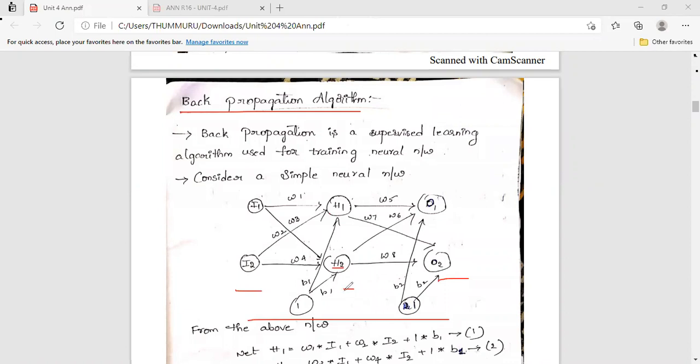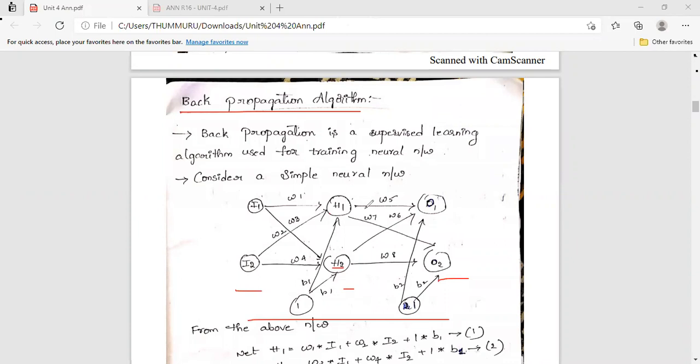Okay, here we are going to apply some bias value to this hidden layer to calculate some functions. This bias value is 1. B1 is applied to H1 and H2 as well.